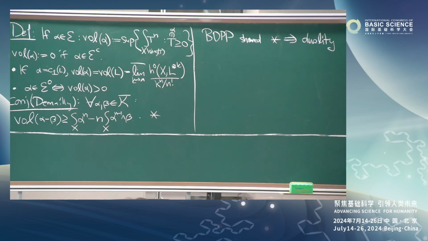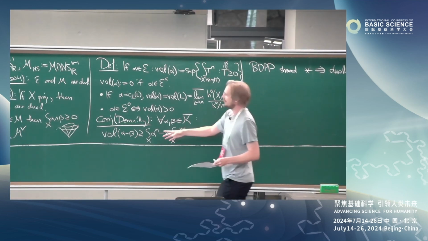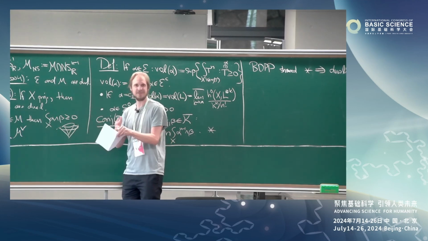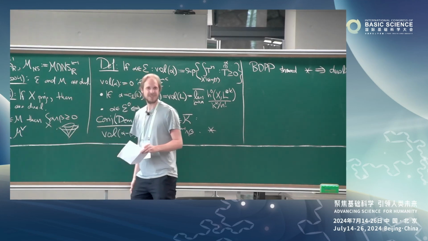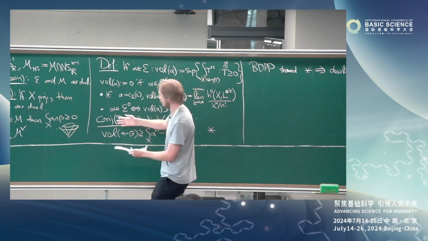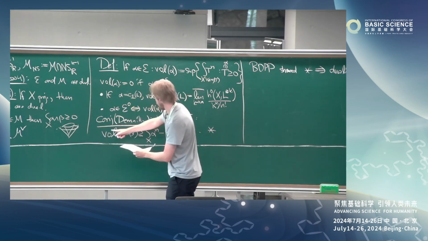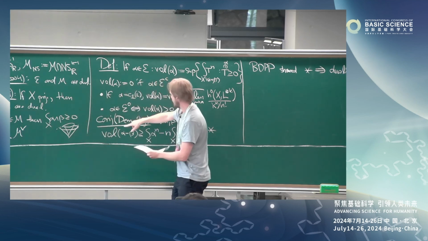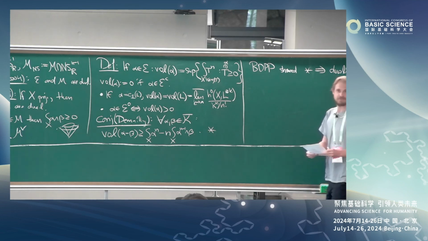I would have liked to explain the argument, but it's a little bit too involved to have time to do. But it's a nice argument, and it crucially uses the volume and these two facts.